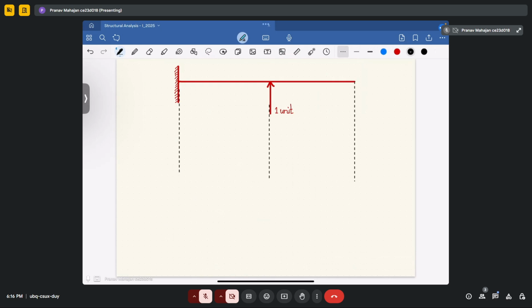So that will be linear and its value will come out as, so since this length is L by 2, so it will be equal to L upon 2 EI. Okay, so this is your M upon EI diagram for unit load.